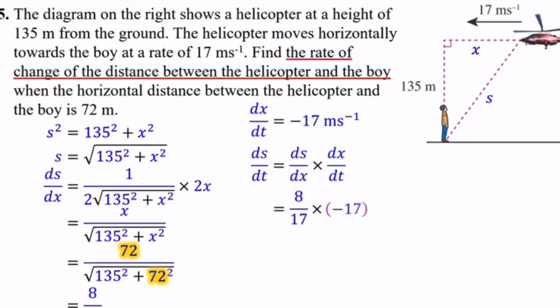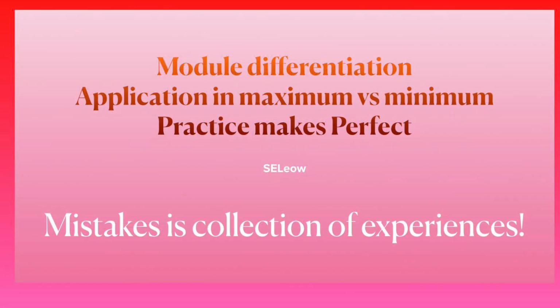Then we simplify, and we get the answer for ds/dt, which is negative 8 meters per second. Logically it is correct because the distance decreases when the helicopter gets nearer to the boy, right?